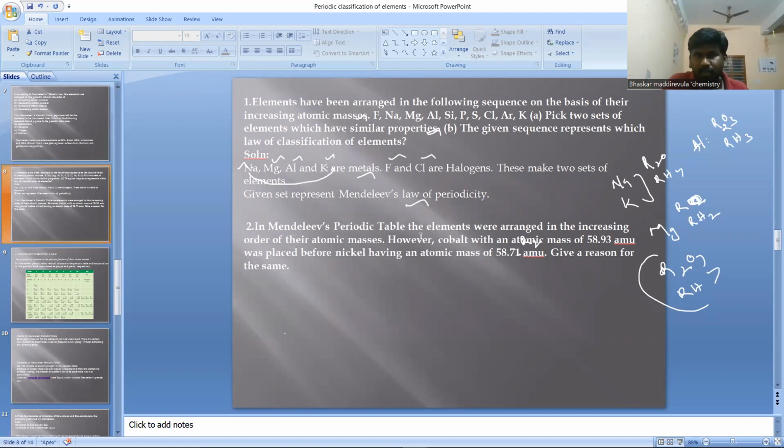Now, same way, you see the next question here, the second question. In the Mendeleev periodic table, the elements are arranged in increasing order of atomic mass.